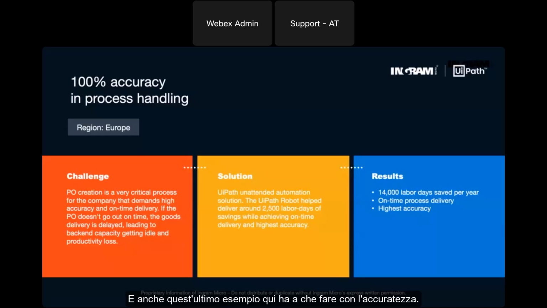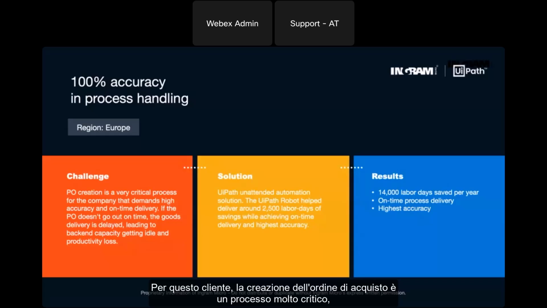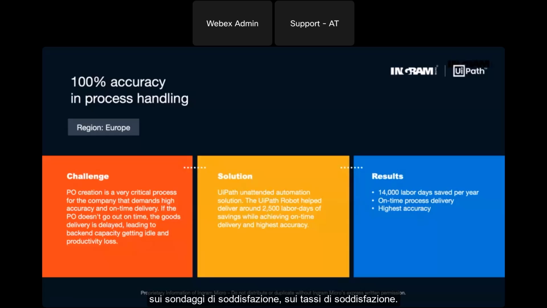And this final example also has to do with accuracy. In this case it is around the PO creation. For this customer, the PO creation is a very critical process, and if the PO doesn't go out on time, this means that the goods delivery is also going to be delayed, right? And this also messes up the customer experience, the satisfaction surveys, the satisfaction rates.